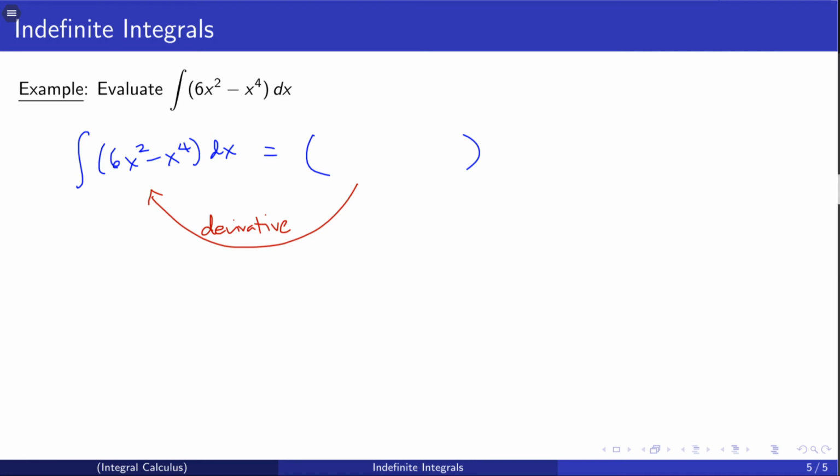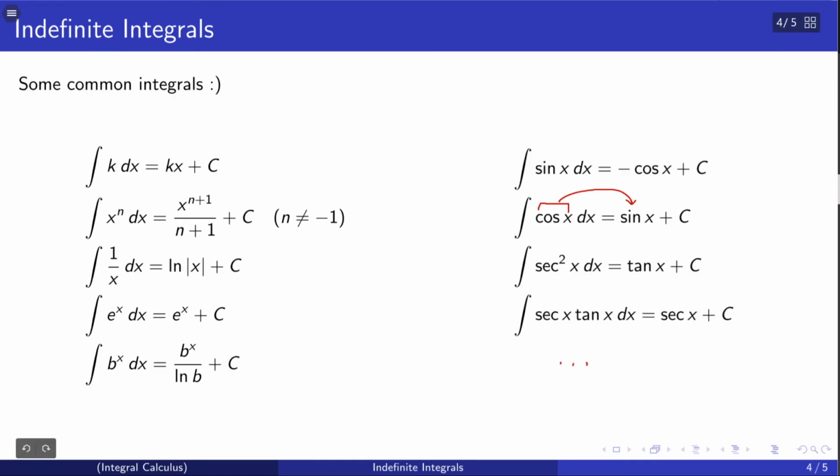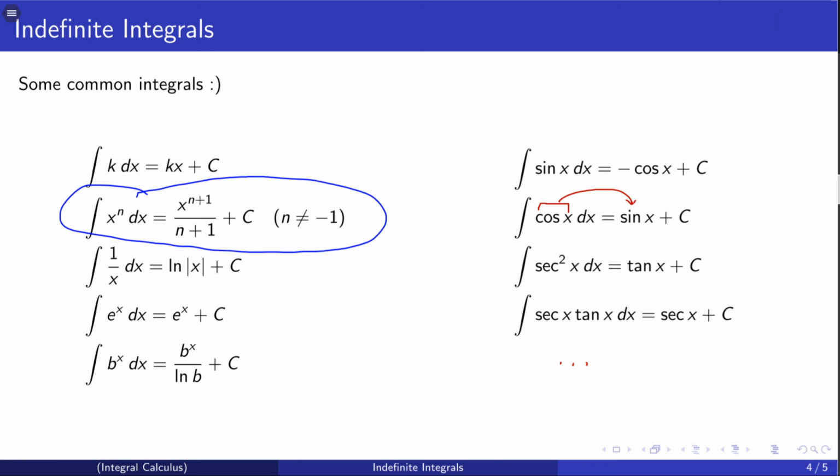So, well, we could look at the table of integrals that we saw here on this slide, seeing that we actually have this general rule for taking the indefinite integral of x to the n, where n is not equal to minus 1.